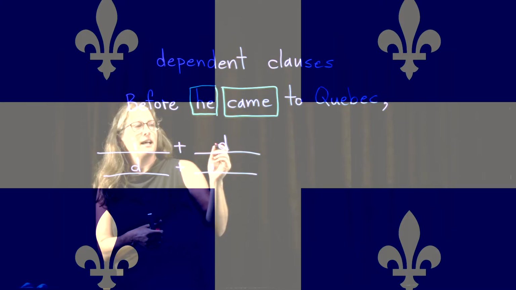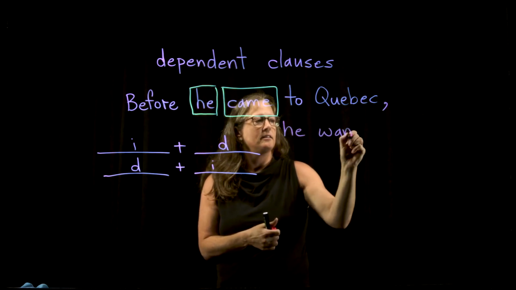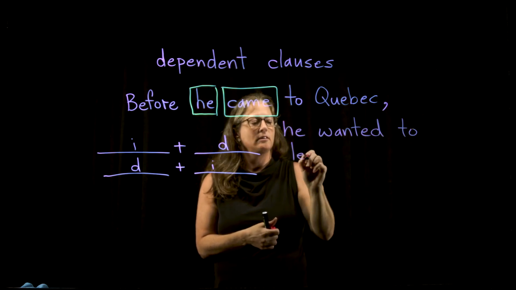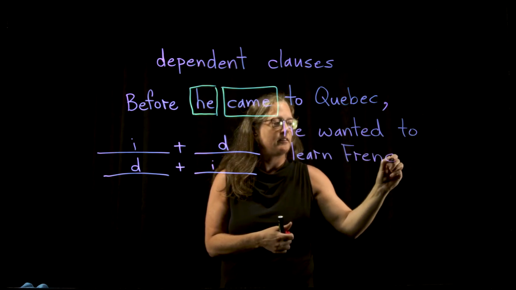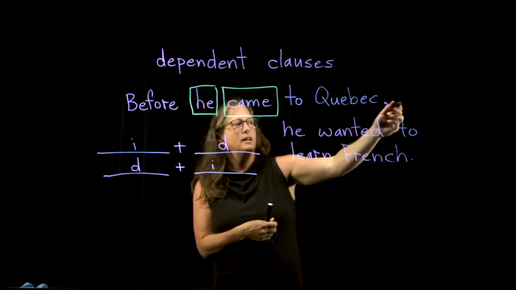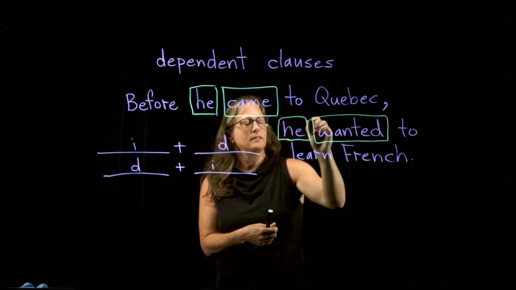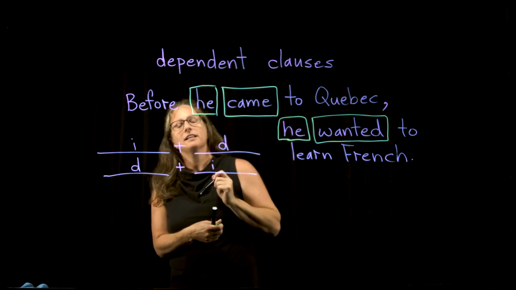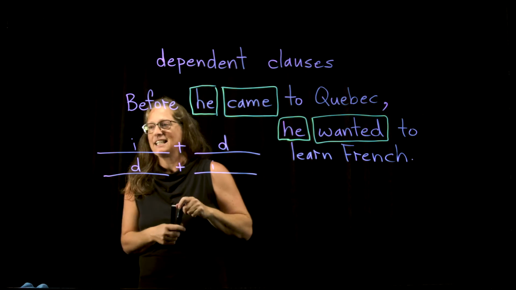Before he came to Quebec, he wanted to learn French. Okay, so this clause has a subject and it has a verb, and it doesn't have a word like before in it, so it's independent. So I can join the two together just like this.